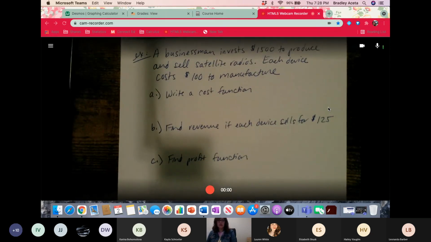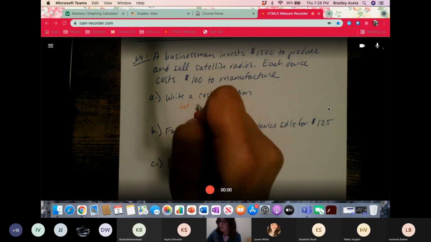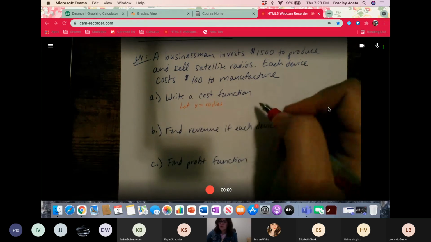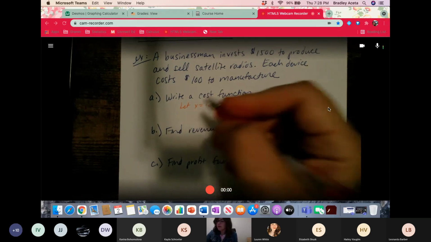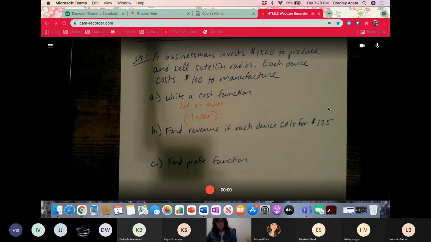The shadow, actually. All right, a businessman invests $1,500 to produce and sell satellite radios. Each device costs $100. Let x be our satellite radios. The cost function is always linear, like y equals mx plus b.